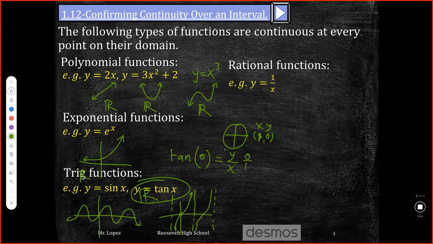Rational functions. This one as well. Function goes something like this. It has a horizontal asymptote, and then also has a vertical asymptote. So it is continuous on its domain, but it's not continuous on the reals.